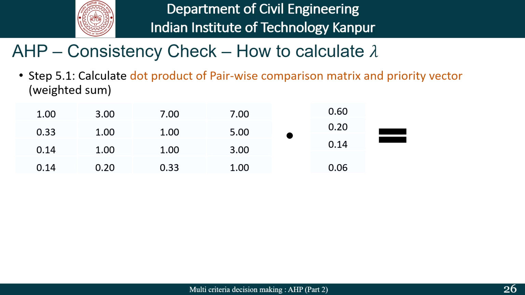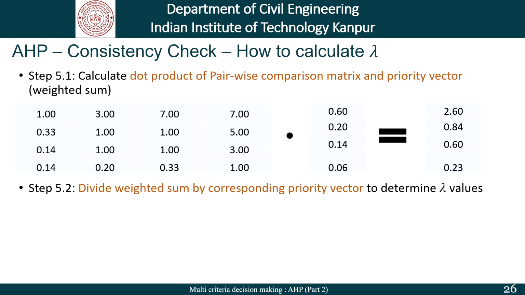So, 1 multiplied by 0.6 plus 3 multiplied by 0.20 plus 7 multiplied by 0.14 plus 7 multiplied by 0.06 will come in the first cell here, and similarly you can do it for all the other rows. You should get a matrix like this. So, this is the weighted sum matrix.